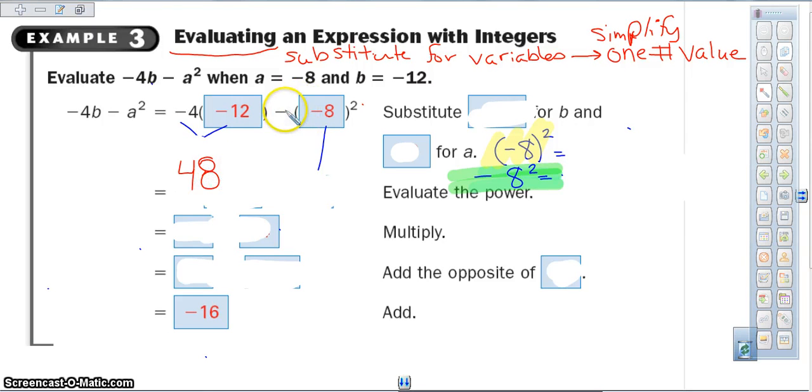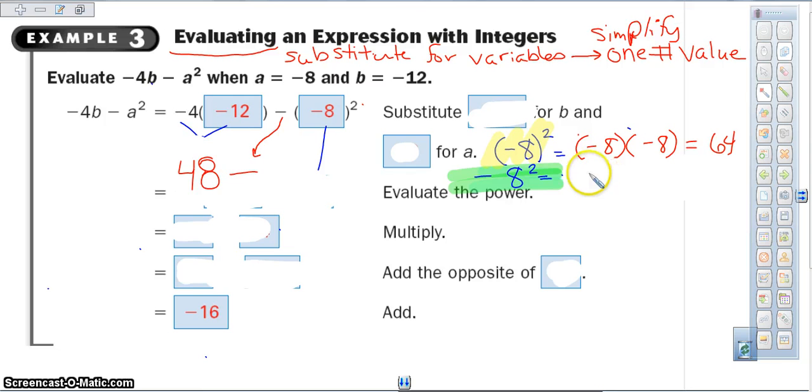The other thing order of operations tells us, think about our subtraction. We're going to keep this as subtracting, but we now want to evaluate -8 to the second. What does that mean? It's different than if you don't have a parenthesis. So the parenthesis is really important here, and we'll talk about that in class, and we'll talk about it more next week when we evaluate. -8 to the second means -8 times -8. If you put it in your calculator with the parenthesis, you will get a positive 64.